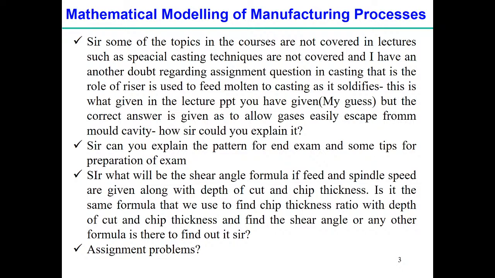For example, in drilling and in turning, the relations are different. It depends on the principal cutting edge angle, or the bit angle in the case of the drilling process. That's why you have to convert it in terms of the uncut chip thickness and these parameters.